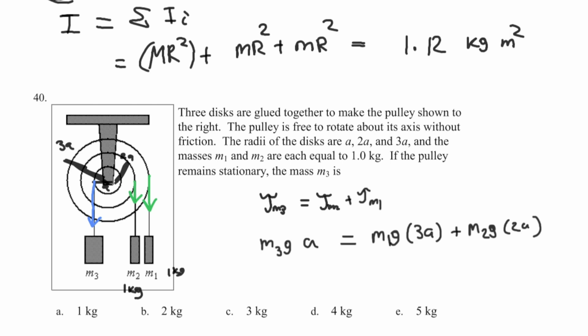So lots of things cancel. G goes away, and the A goes away. So we get M3 equals 3M1 plus 2M2, which is going to be equal to 5 kilograms.